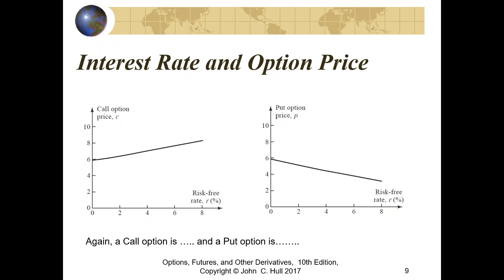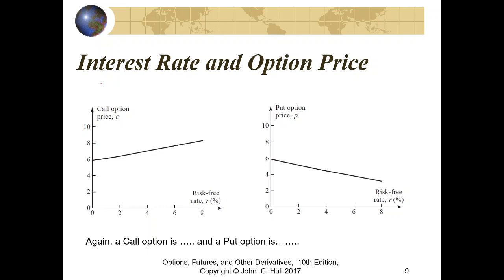Next, we move to the effect of interest rates on option prices. Here the channel is a little bit different. To understand the effect of interest rates on option prices, it's basically based on the lower bound for each option.